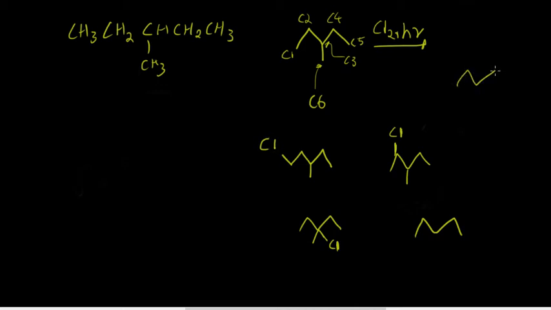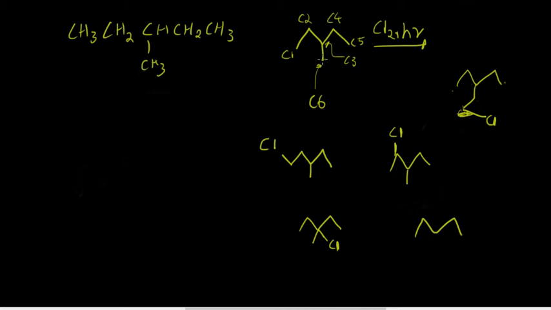If instead of 3-methylpentane we had 3-ethylpentane, then chlorination here would be equivalent to chlorination here or here, because we're 2 carbons away from the branch point. If this is an ethyl group, chlorination would look like this, and we're 2 carbons away from the branch point here. That would be the same as chlorinating at this carbon or at this carbon. Now we have a methyl group here, not an ethyl, so we're only 1 carbon away from the branch point.